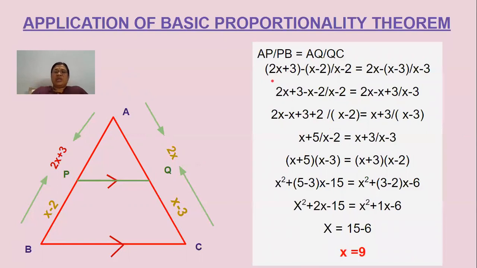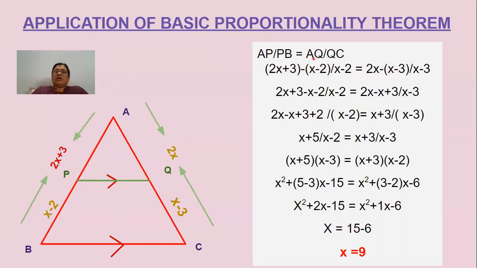So here what I have done, the AB value is 2x plus 3 and the PB value is x minus 2. I have subtracted so that I can get the AP value here.